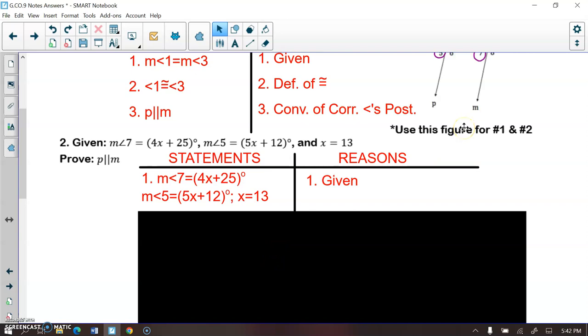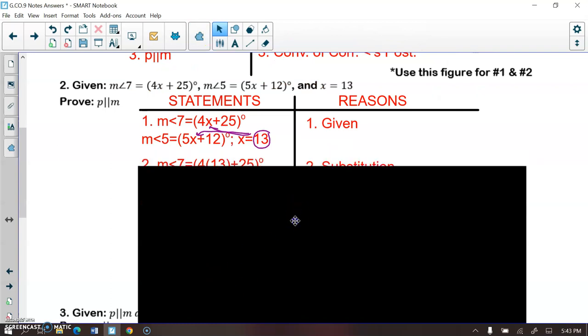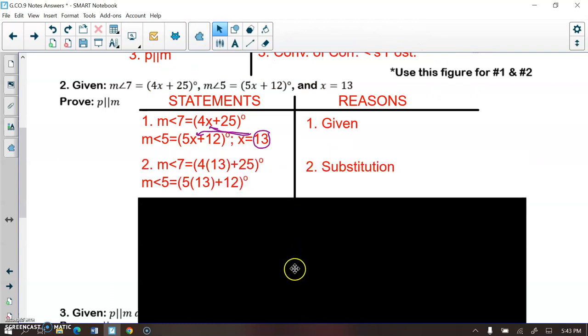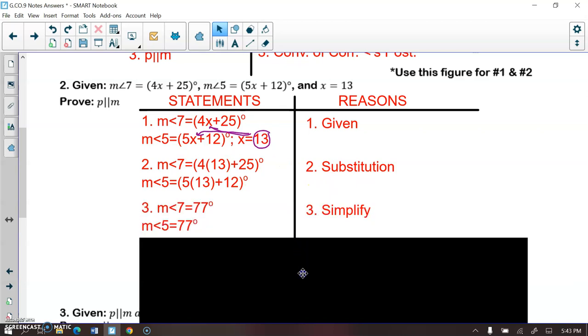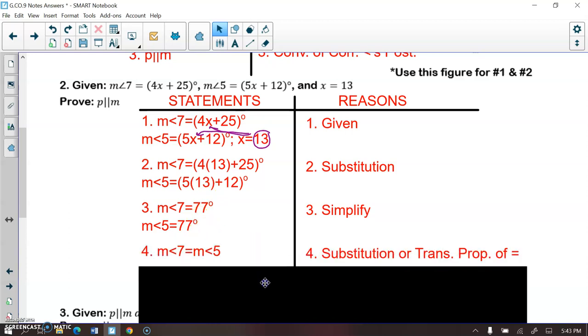Then what I'm going to do is use substitution to take this 13 and put it in for x in both the measure of angle 7 and angle 5. I'm not going to simplify yet because that's a separate step. So using substitution, I get this, and then I can simplify. And I see that both of them are equal to 77, so either by substitution or the transitive property of equality, I can set the measures equal to one another.